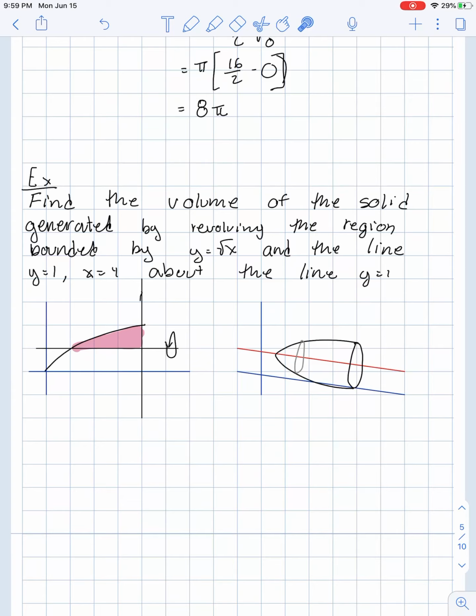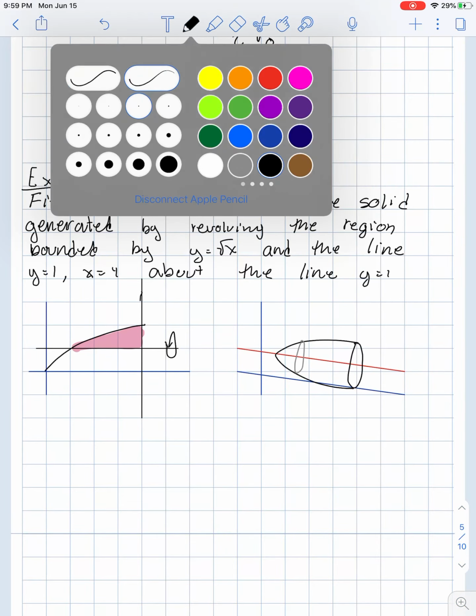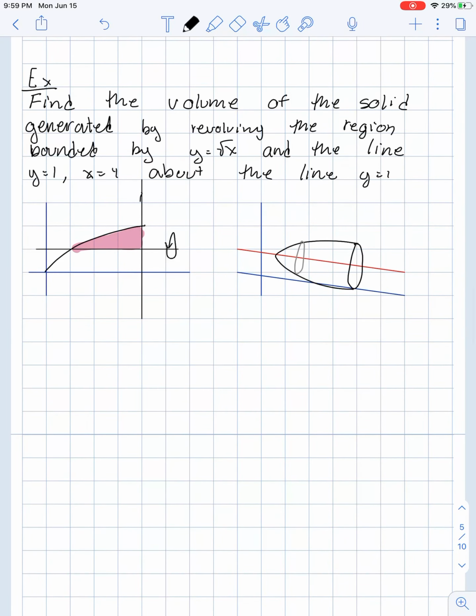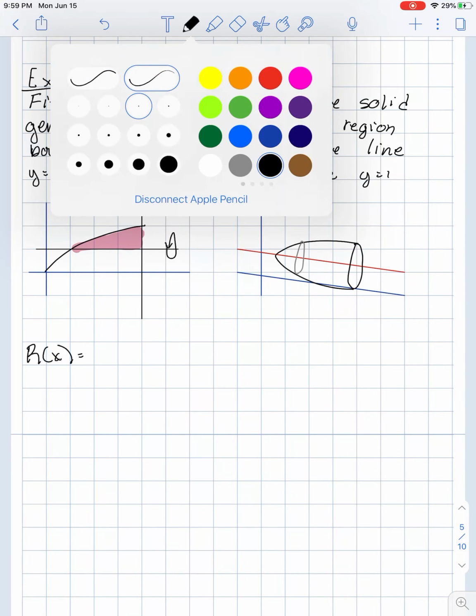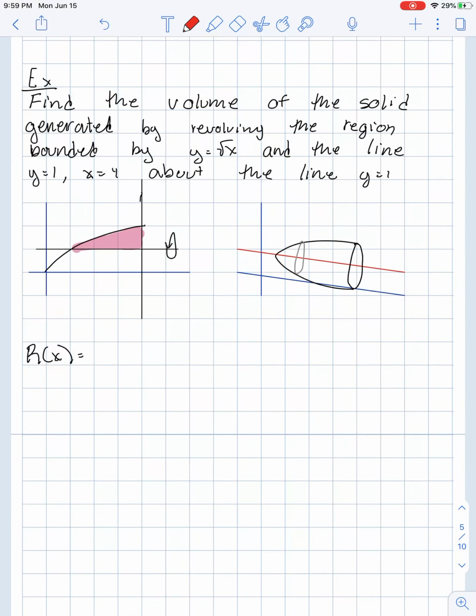So my r of x is going to be a little different now. All right, so r of x is going to equal wherever I start revolving from to where I stop.